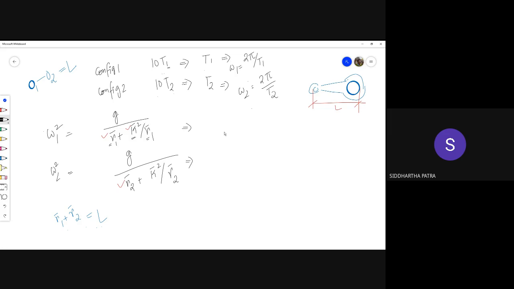So we'll rewrite these equations: R1 bar plus kappa bar squared divided by R1 bar equals G divided by omega 1 squared. Okay. And R2 bar plus kappa bar squared divided by R2 bar equals G divided by omega 2 squared. I would call this one C1 and this one C2.